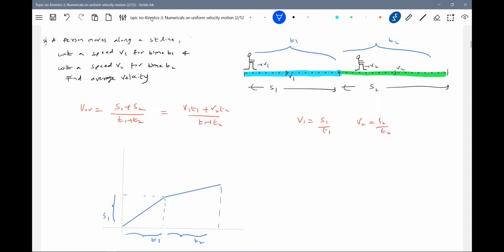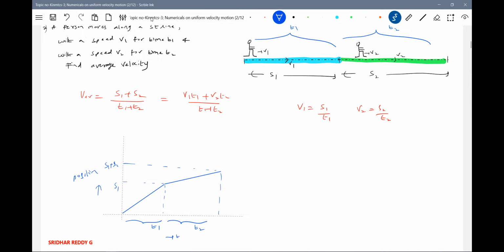Distance covered. Okay, there's a position. I'll indicate like this. This will be S1. This will be S2. So there's a position versus time graph. The question is asking average velocity.